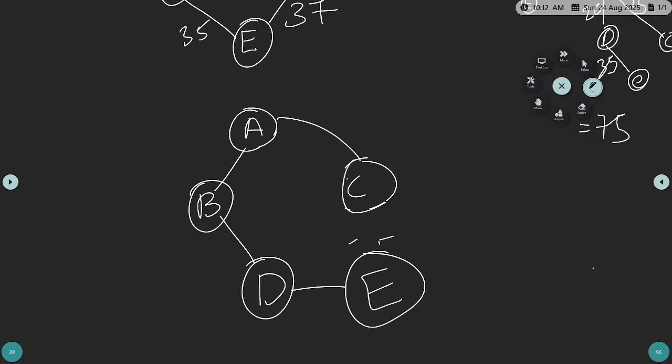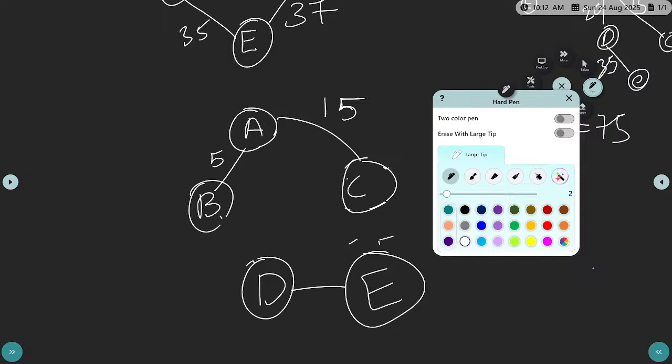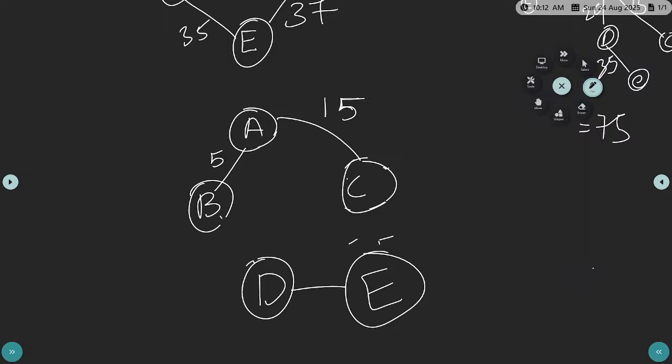So from A to B it is 5, next A to C it is 15, B to D, asal option లేదు. No, not like that, 1 minute. C to E it is 37, E to D it is 35.